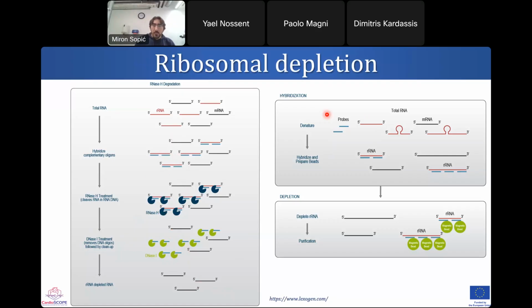The other approach seems a little bit more straightforward. It uses magnetic beads, or the streptavidin-biotin system, whatever, that bind to specific probes that recognize ribosomal RNA, and then you just pull the ribosomal RNA out of your sample, and what you are left with is basically everything else.